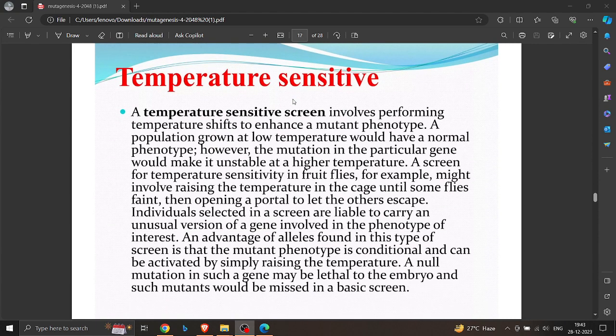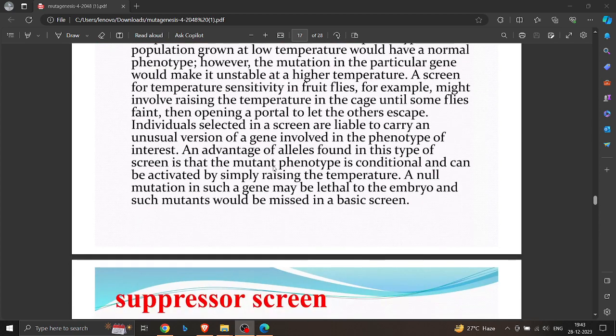Next, temperature sensitive. A temperature sensitive screen involves performing a temperature shift to enhance a mutant population. An advantage here is that a null mutation in such a gene may be lethal to the embryo, so such mutants would be missed in a basic screen.